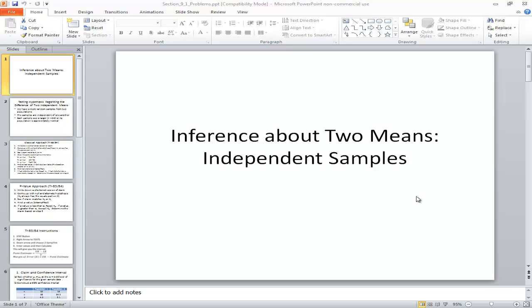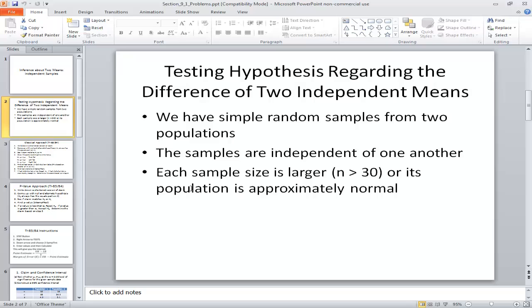Take a look at claims about two means, and this is where we're dealing with independence. So one sample, one population is different than the other sample population. Now, testing hypotheses regarding the difference of two independent means. We have simple random samples from two populations.